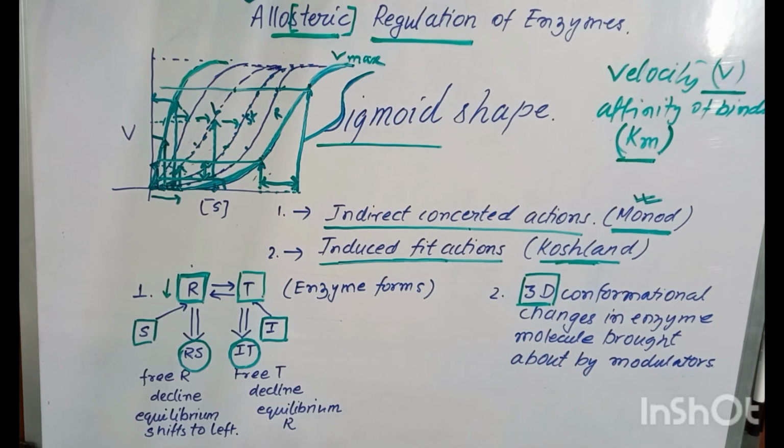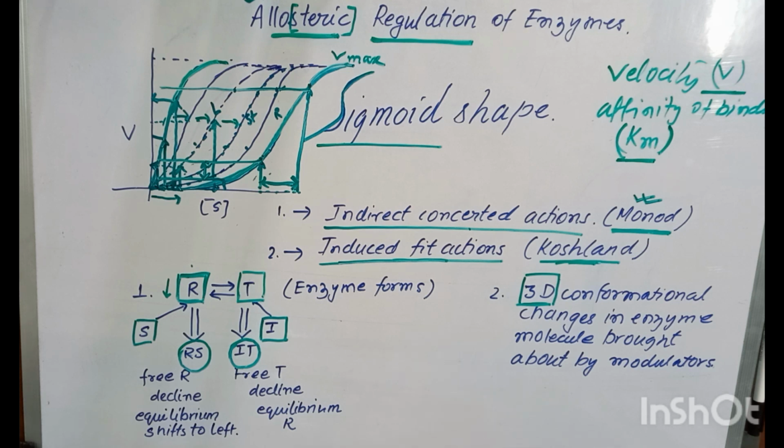Just like that, enzymes change their three-dimensional forms, and this changing of the three-dimensional forms helps them to bind more substrates progressively.